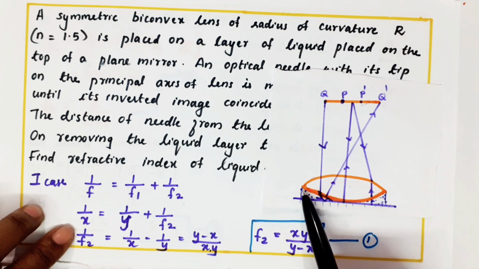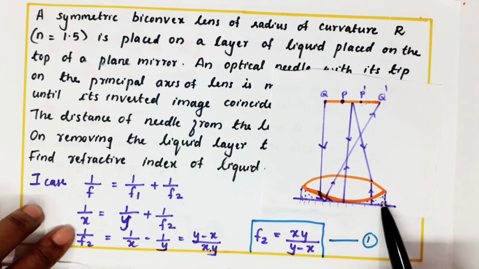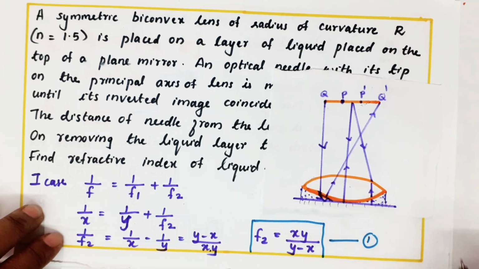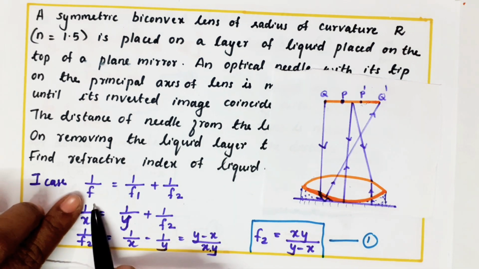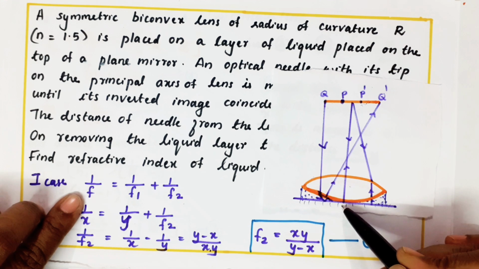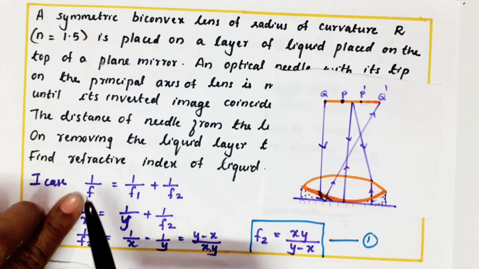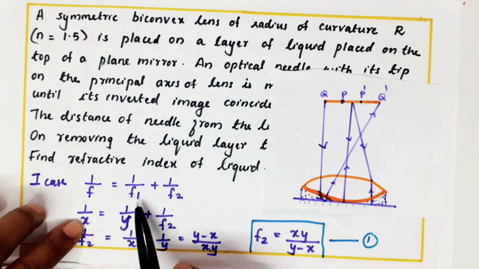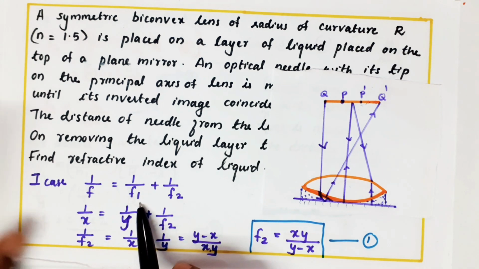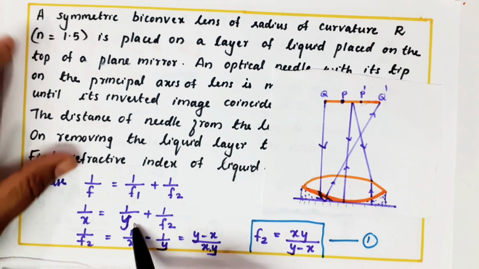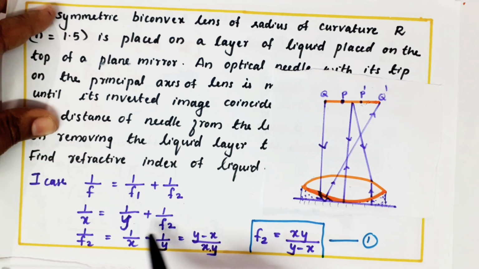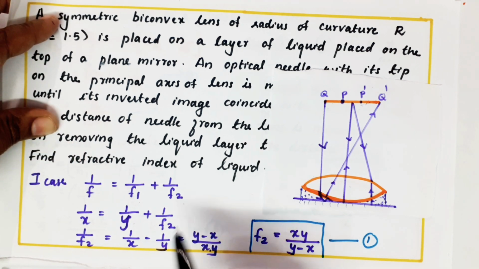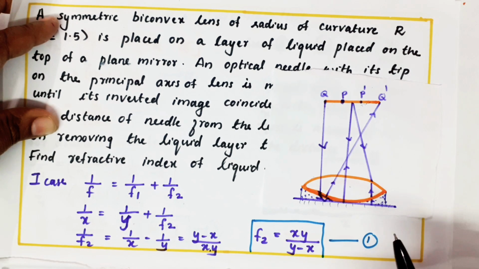Plus f2 is the focal length of the plano concave lens. I repeat, f is the focal length of the combination of plano concave and convex lens, that is x. f1 is only for the double convex lens, that is y. f2 is the focal length of the plano concave lens.